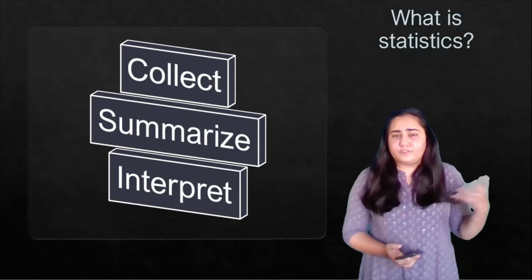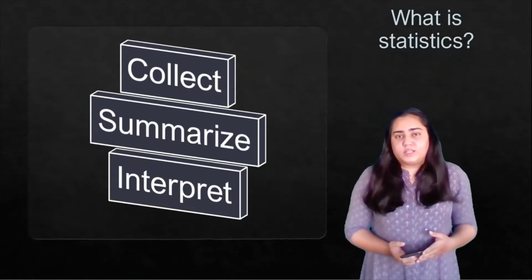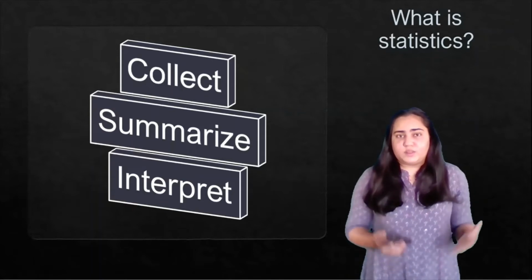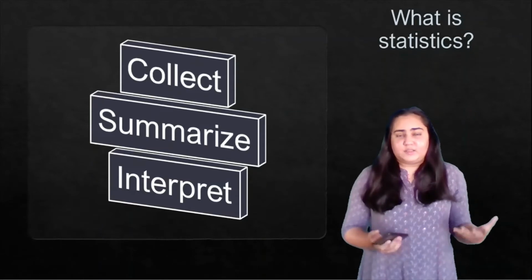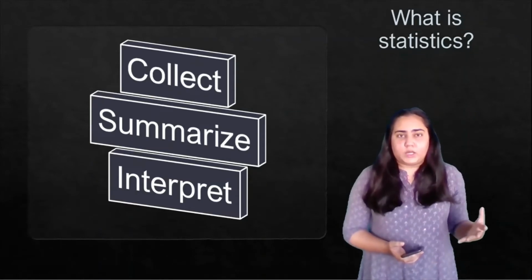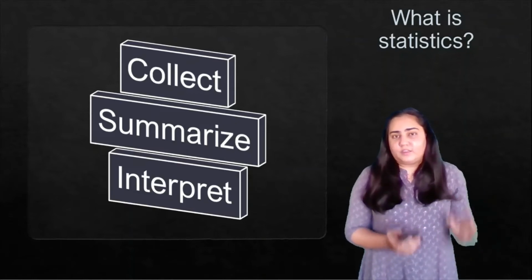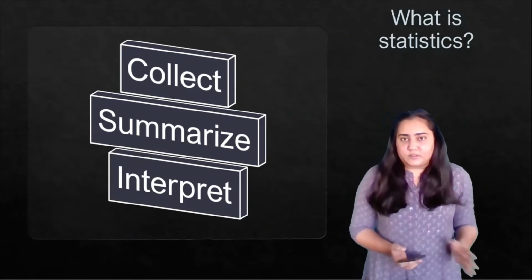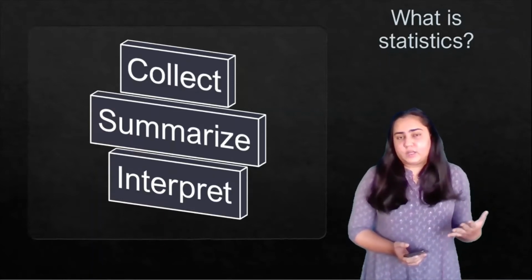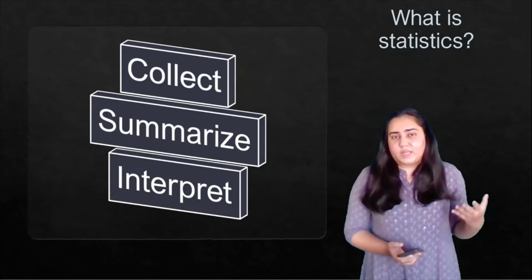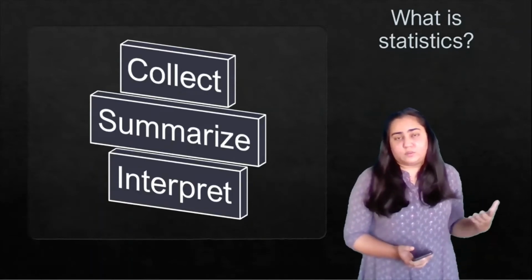So if I'm given, say, about 10,000 numbers, and those numbers depict the ages of different people. And let's say these are the people who probably visit a theater to watch a movie. So if I'm given the ages of so many people, and I have to decide which is the age group that visits the theaters the most.